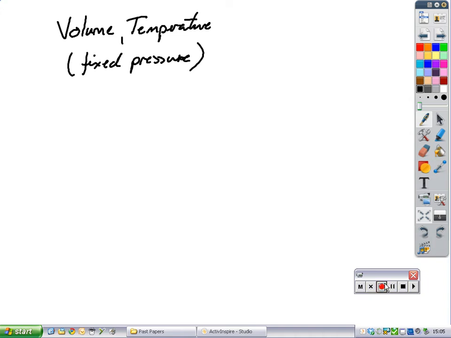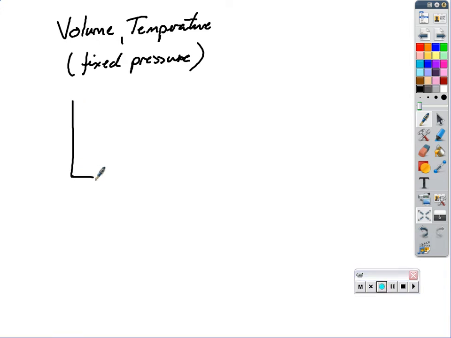If you increase the temperature, you're increasing the volume. As something gets warm, as any solid, liquid or gas gets warm, it expands and wants to take up more space. So as the temperature increases, what happens to the volume? Now this doesn't matter if it's a Kelvin scale, a Celsius scale, whatever. 1 unit in Kelvin is the same as 1 unit in Celsius.